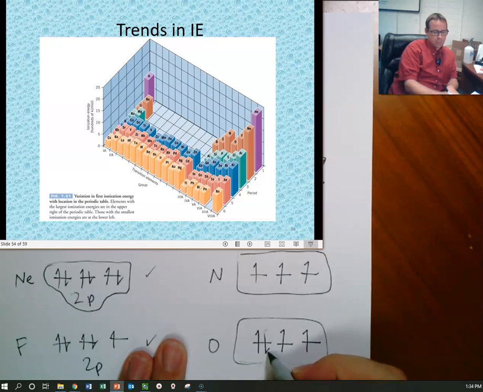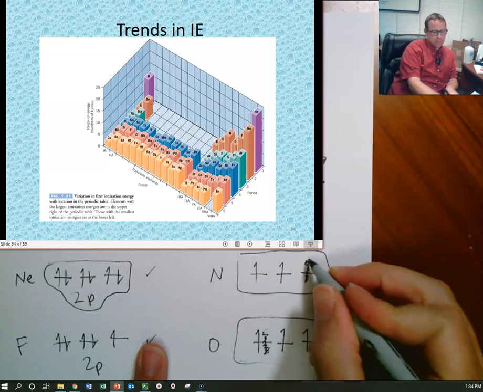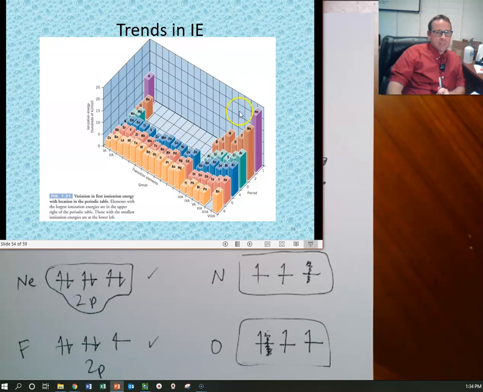You're creating a balance. Yeah, I'm creating a perfectly half-filled subshell. Whereas here, if I want to remove this electron, I'm destroying that half-filled subshell. So that's why we see this kind of trend among all of these.